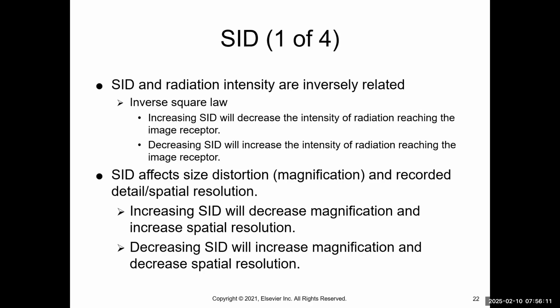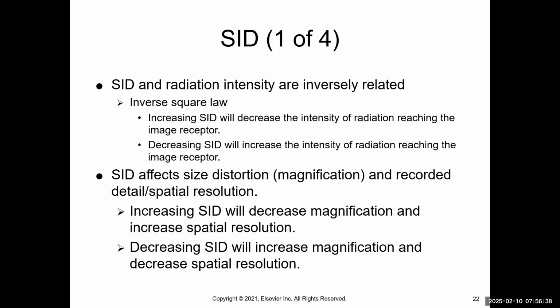If we increase any of those 3, it increases it. So what happens to receptor exposure when we increase SID? It goes down. So it's different, right? It's the only one of those 4 that if you increase it, receptor exposure actually goes down because of the change in distance that changes intensity, right?